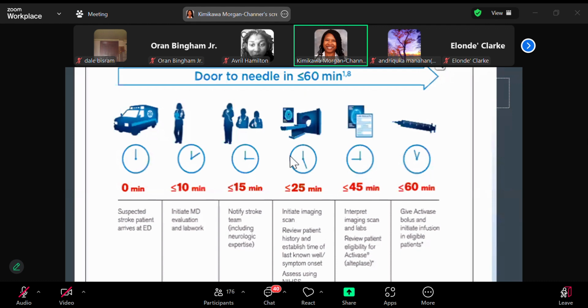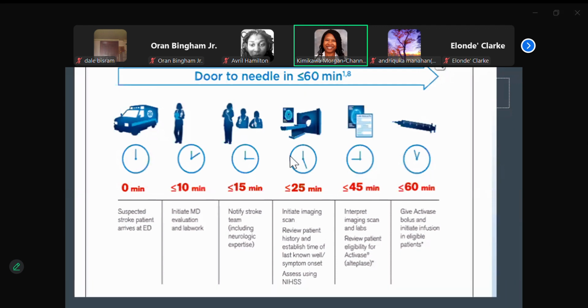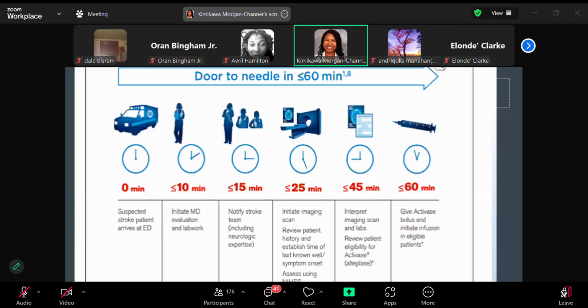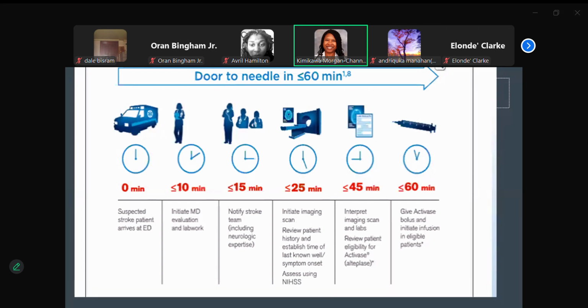The only drawback I would say to wait for is if a patient has, and someone had mentioned it earlier in the chat, let me ask them. All right, there are no contraindications to TPA, but we're going to wait for labs in this person.